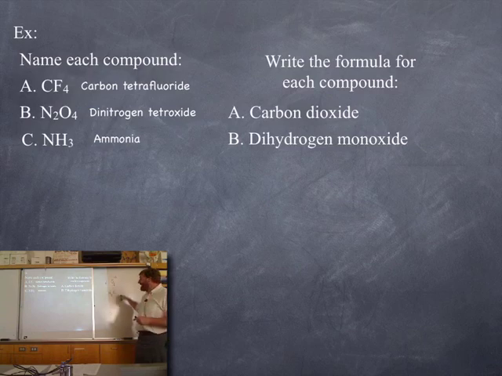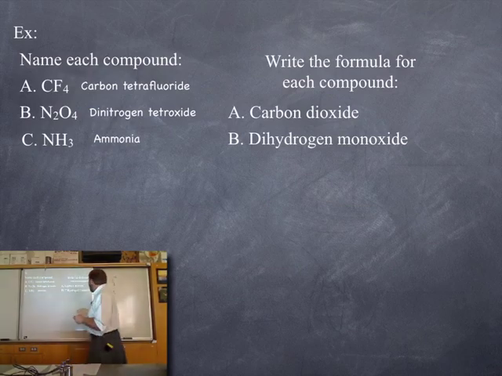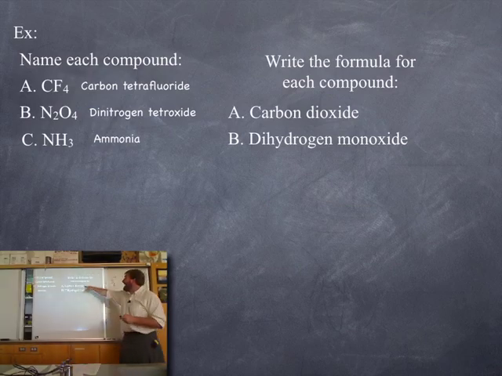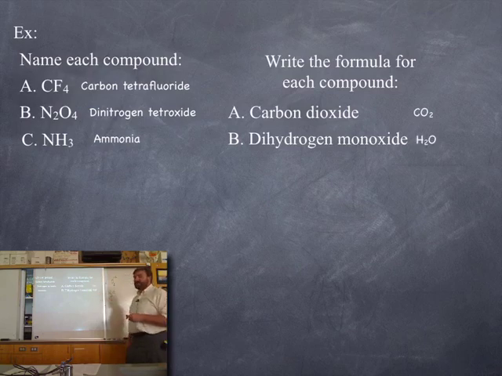Why don't you call hydrogen peroxide dihydrogen peroxide? Because it's actually an ionic compound. So it's much more like an ionic compound. All right, so we did carbon dioxide is CO2, dihydrogen monoxide, H2O.